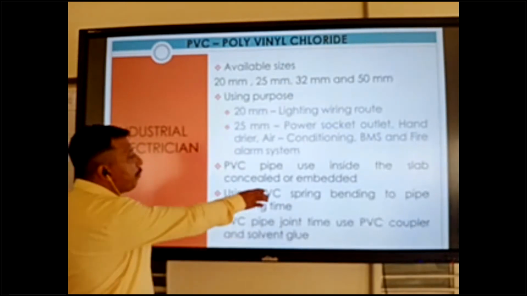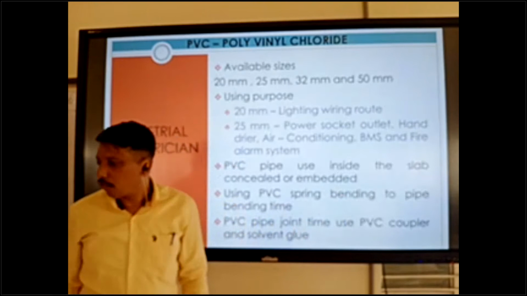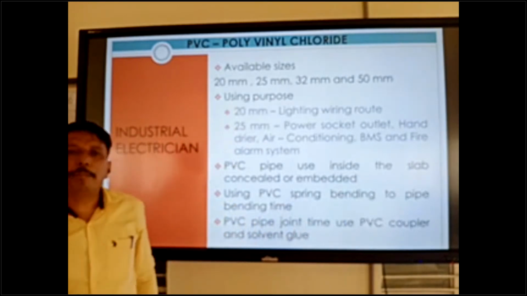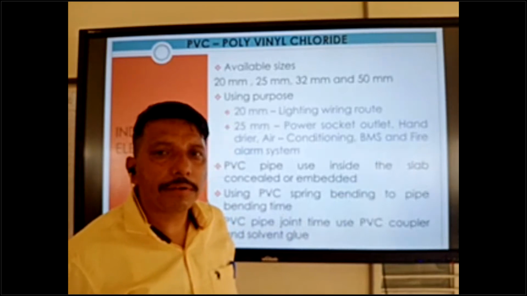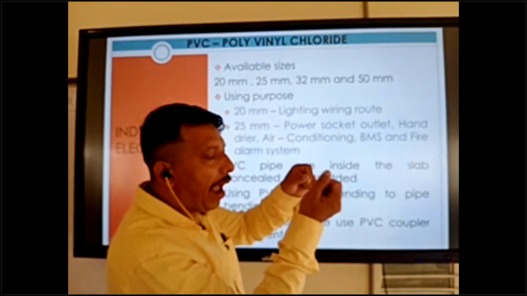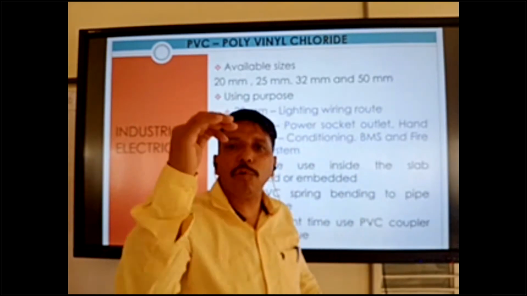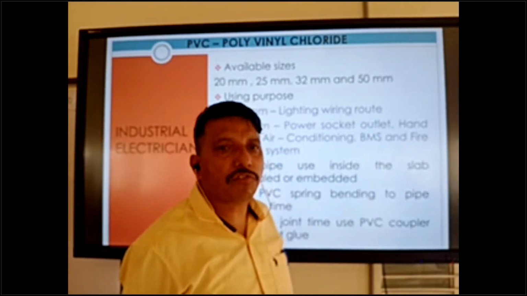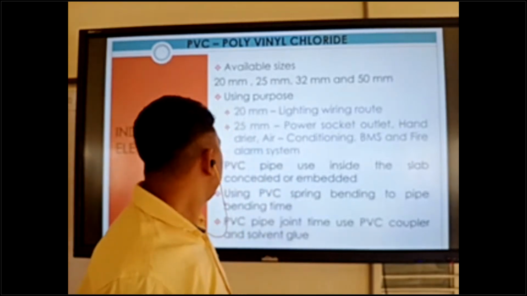Next one, using a PVC spring bender at pipe bending time. We can use a PVC pipe bender inside the pipe for bending. I will show the diagram of the bender in the next slide.